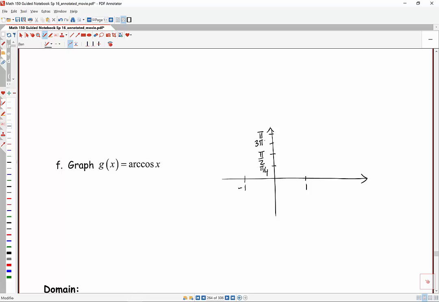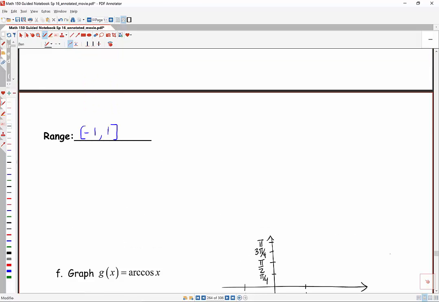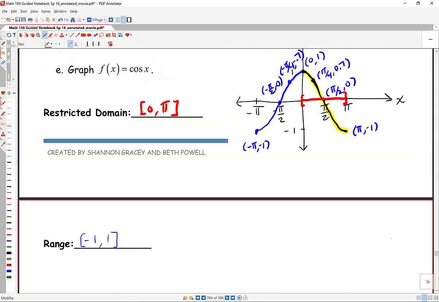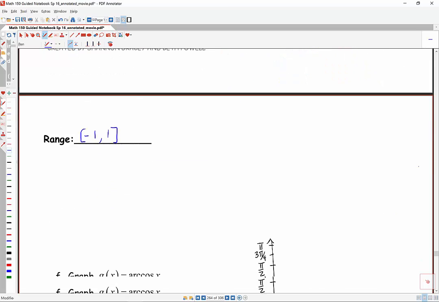Okay? So here, if you look over here on the original, as we're going, this is 3 pi over 4. So here, this would be 3 pi over 4, comma, -0.7. So it's a little different than our sine or arcsine graph.